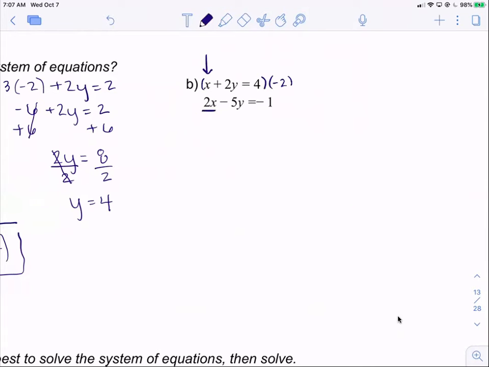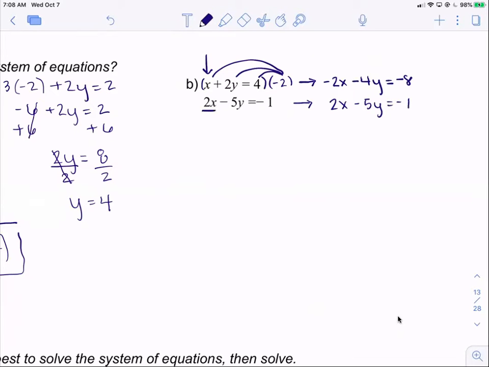If we do that, our new equation is negative 2x minus 4y equals negative 8, because we're distributing that negative 2 to everything in that equation. On our second equation, we're just going to leave it the way it is. So 2x minus 5y equals negative 1.